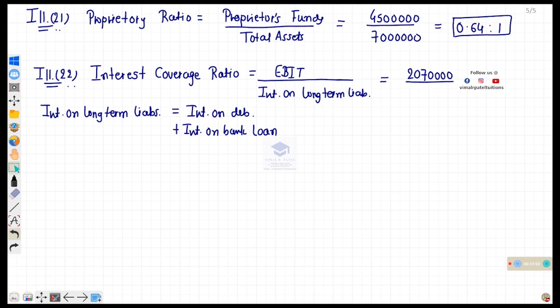That is interest on debenture and interest on bank loan. So 10% of 10 lakh and 12% of 30 lakhs. So total interest 4,60,000.